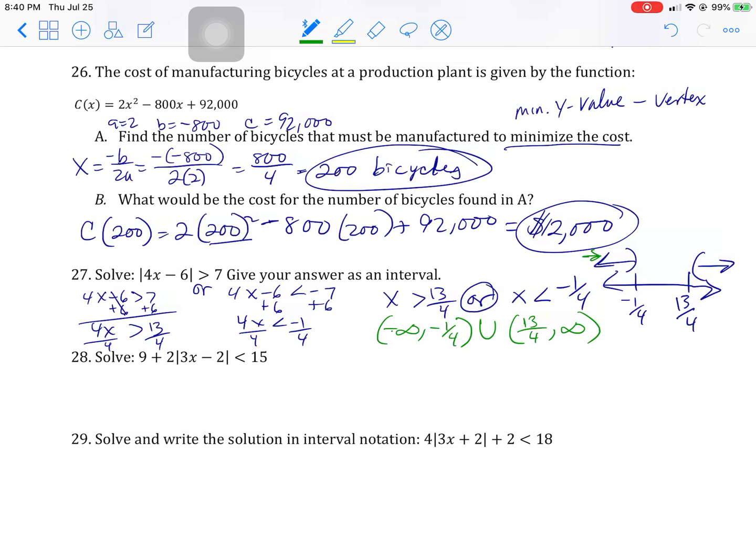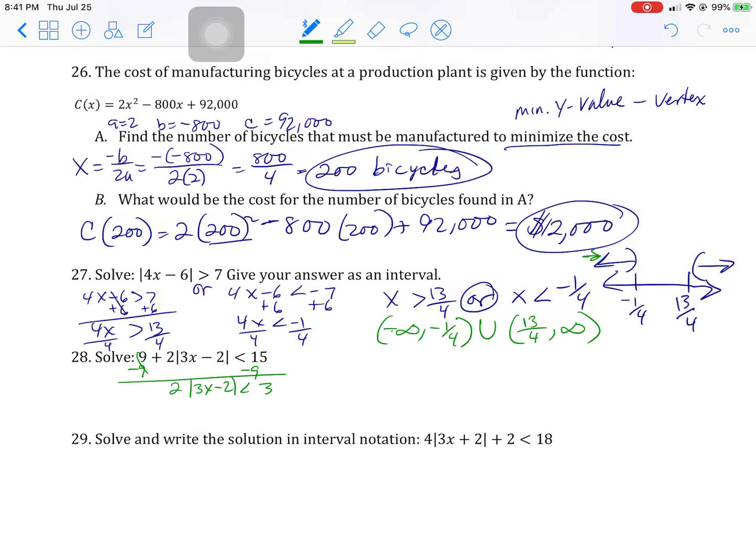All right, here's another absolute value inequality. We want to get the absolute value alone on one side. So we're going to move everything else. And that is a 3. No, it's not a 3. That is a 6.